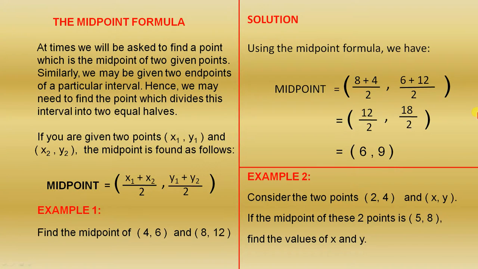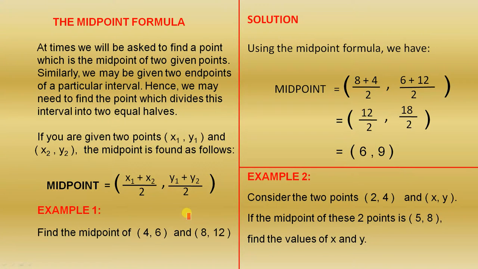If you are given 2 points x1, y1 and x2, y2, the midpoint is as follows. So the midpoint is you take the two x values and you divide by 2. So that gives you the x coordinate of the midpoint. Then you take the two y values and divide by 2, and that gives you the y coordinate of the midpoint.